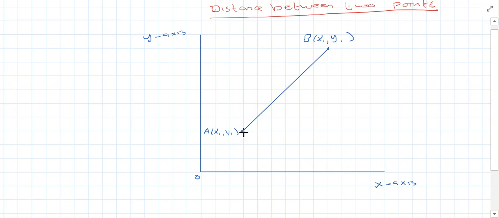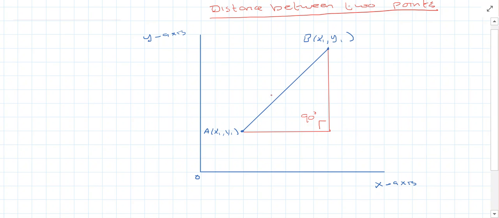If we draw a line from here to here, and then join it up with another line from here to here, they are joined up here. So what we have here is a right angle triangle. This is 90 degrees.